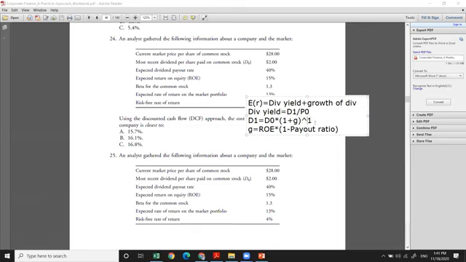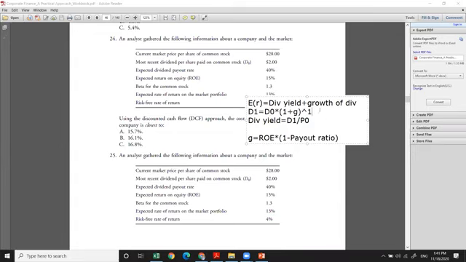So to find D1, we need to know g. In order to find the dividend yield, we first need to find the growth of the dividend, by how much the dividend will grow.